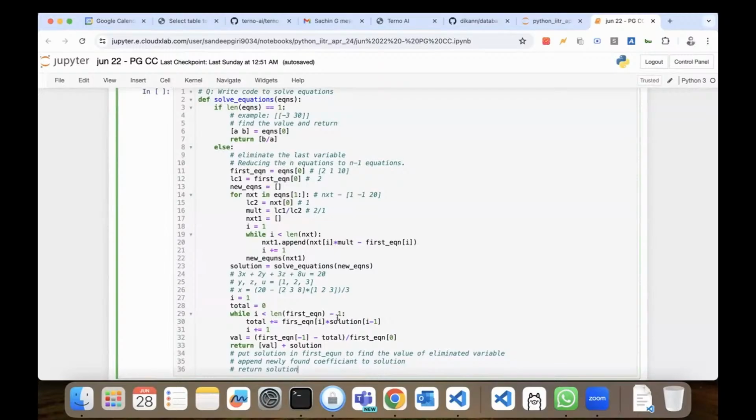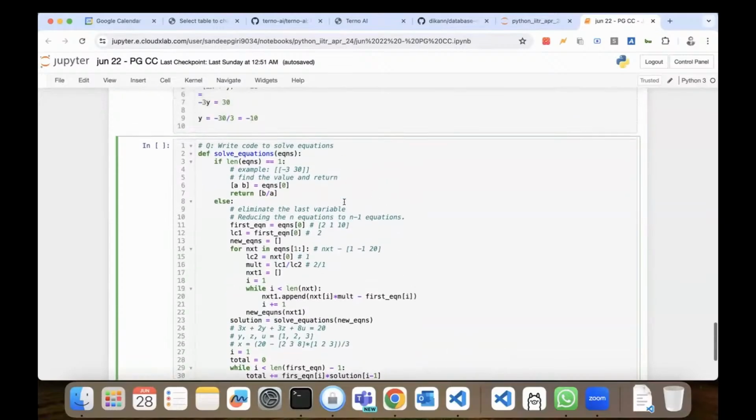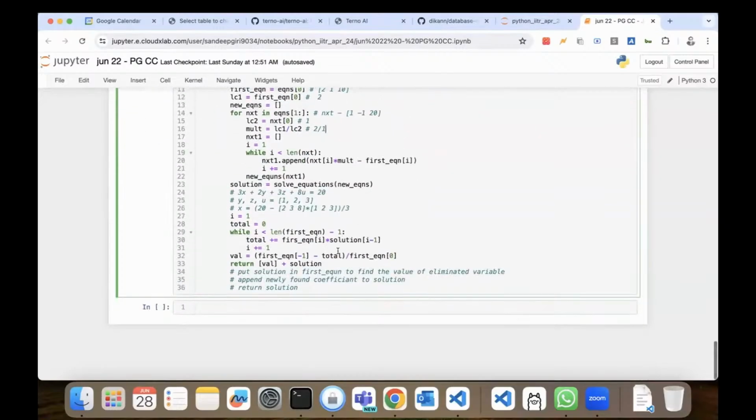No, determinants are good if you are trying to first figure out whether it is solvable or not, because there could be equations which are not solvable. So determinants are used there. Otherwise, you use Gaussian elimination.